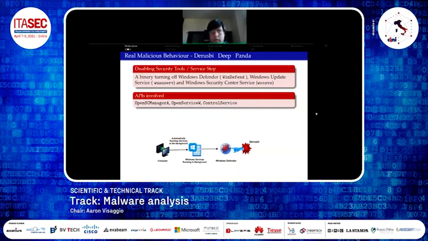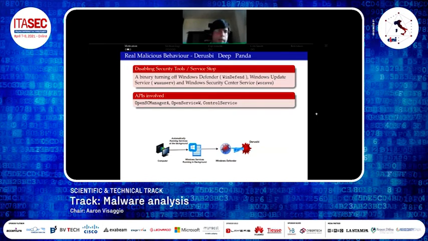It was introduced back in 2011 by a well-known APT group called Deep Panda. And the malicious behavior shown by this binary was basically disabling the security tools by turning off the Windows Defender and Windows Update service, and also the Windows Security Center service.